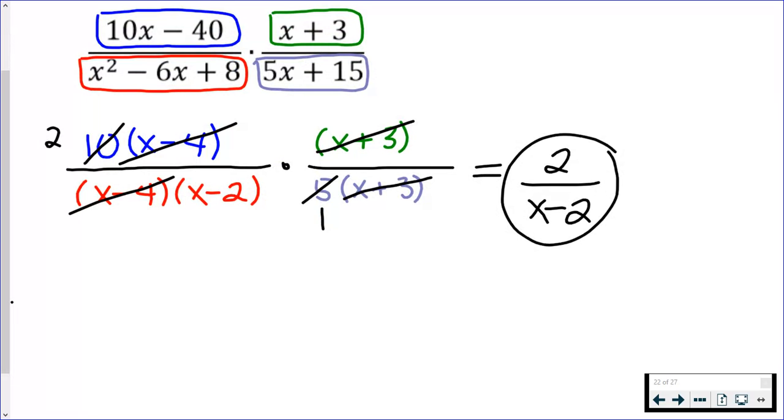So I find that some people don't like to see just all the different expressions. So if it helps, instead of immediately crossing stuff out, you can write one huge expression.